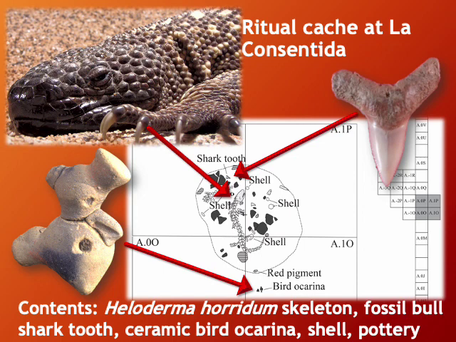It's a close relative of the Gila monster and actually capable of injecting venom through its fangs. At its nose was found an 8 million year old fossilized shark tooth. Look how sharp that is. Just a really small shark tooth, but it must have been collected by some ancient ritual practitioner and may have been used to let blood because it's so sharp. We'll talk about auto-sacrifice and bloodletting a little bit later in class.